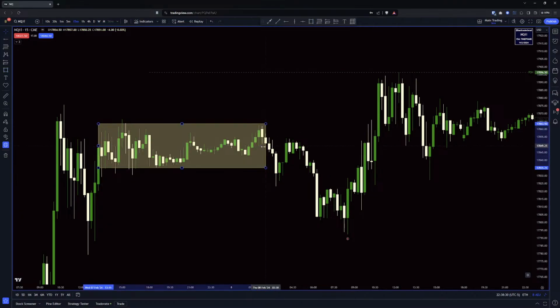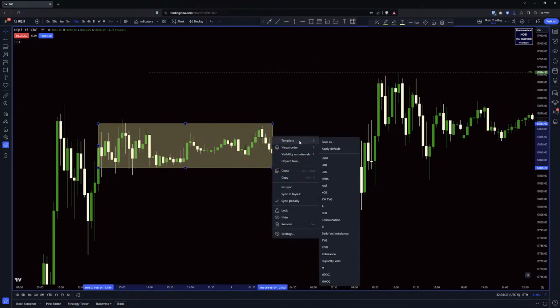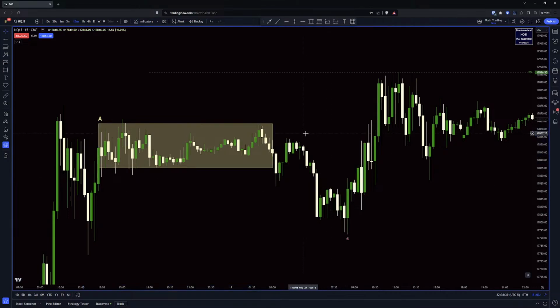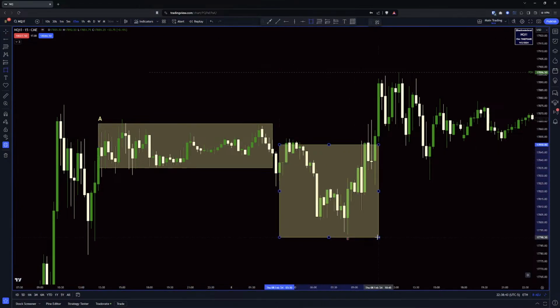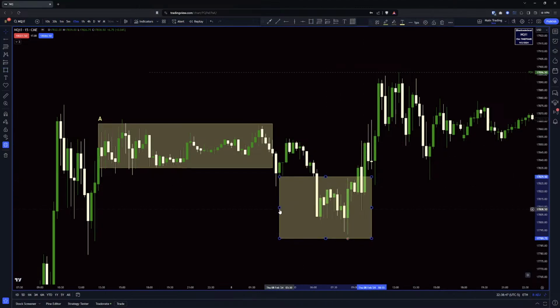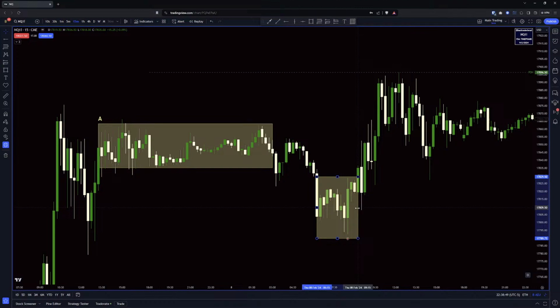Which is ironic because where does it stop? It stops at London Open, right? So we have an accumulation phase here. We have a clear manipulation phase, and actually it's more of just this, I guess. But I want to make a clear breakaway from accumulation. Okay, shift. How far can we take it?